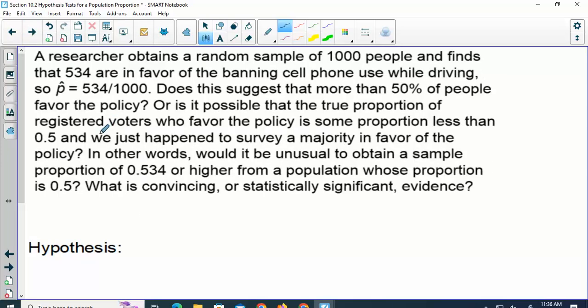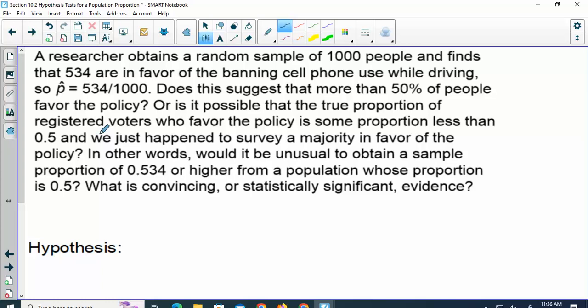If I look at this problem, a researcher obtains a random sample of 1,000 people and finds that 534 are in favor of banning cell phone use while driving. So p hat is 534 over 1,000. Does this suggest that more than 50% of people favor the policy?